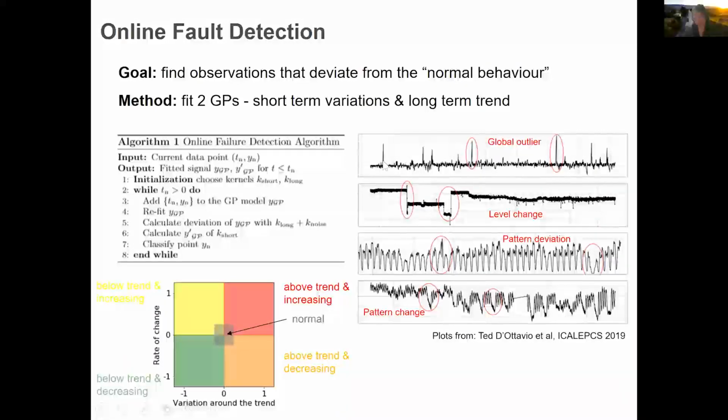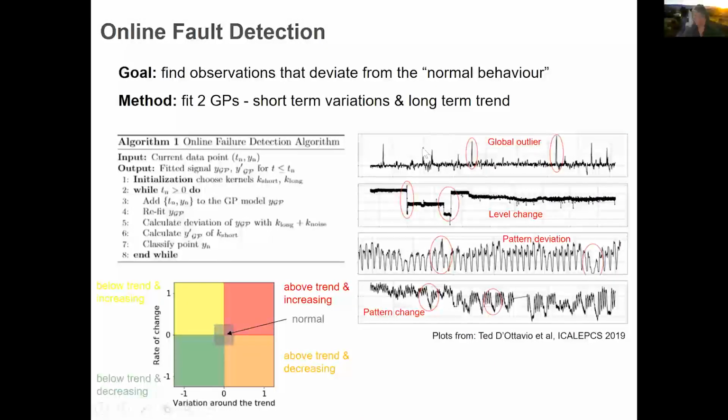We refit the Gaussian process with short-term kernel, long-term kernel, and noise. And we calculate the derivative of the short-term GP. This goes to rate of change. And the variation around the trend here is the deviation from the GP fitted with the long-term kernel.